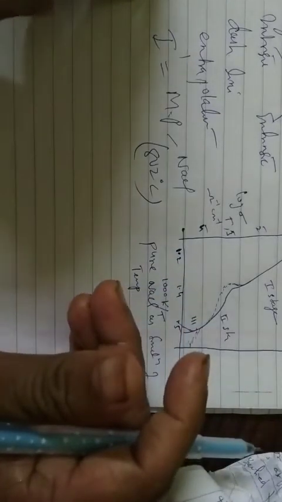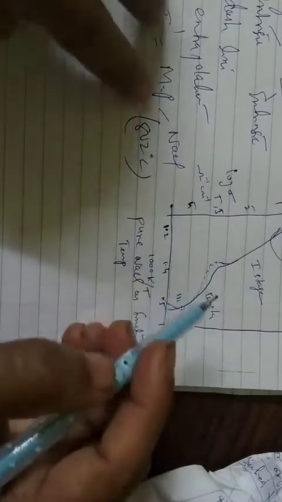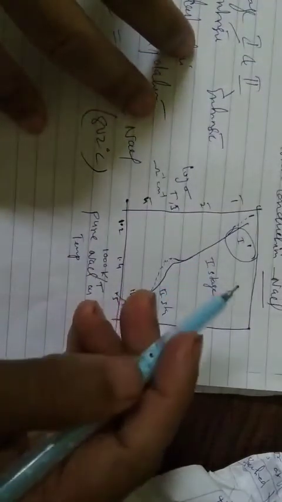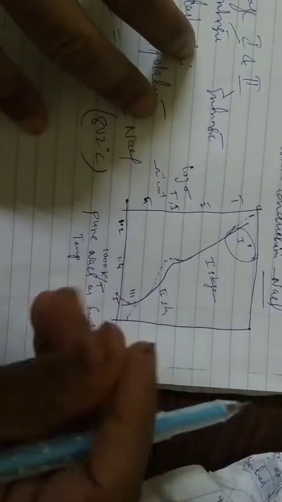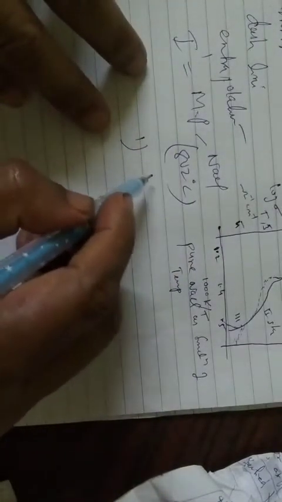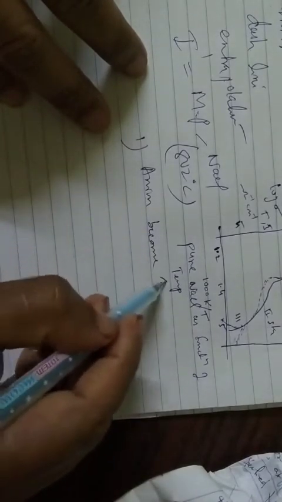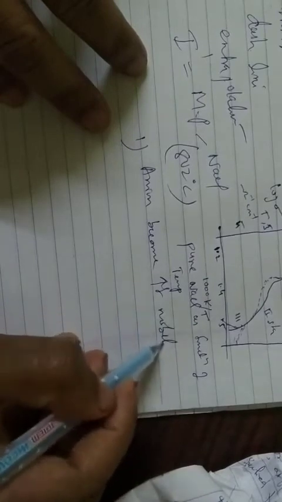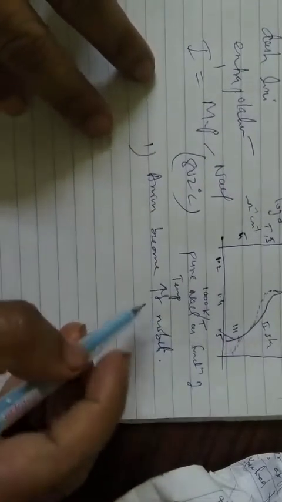Two possible causes are there. The first cause: the anions become increasingly mobile and make more contribution to sigma.